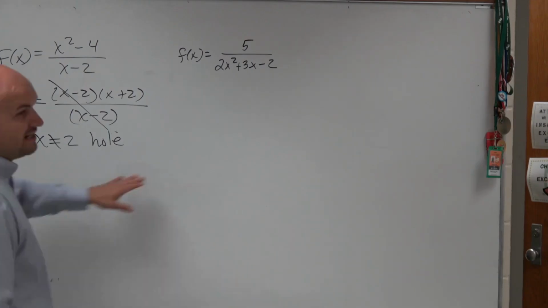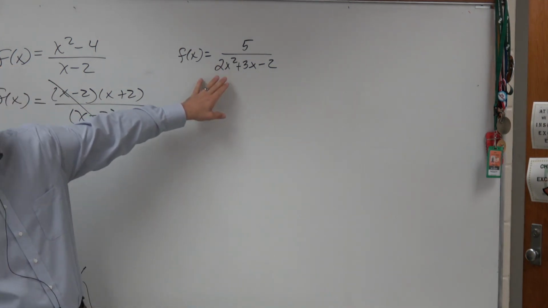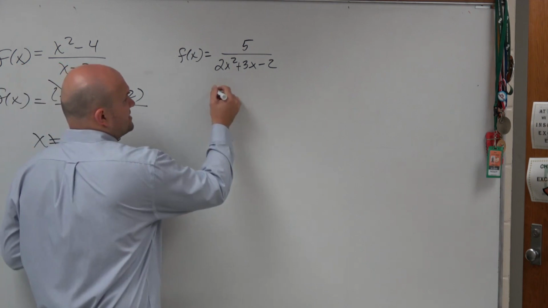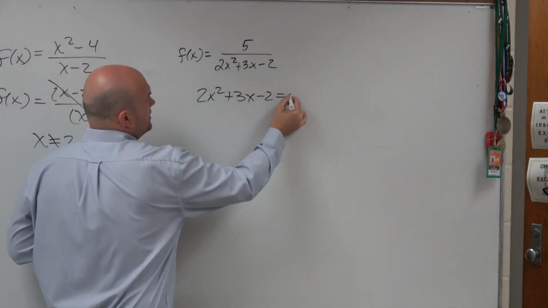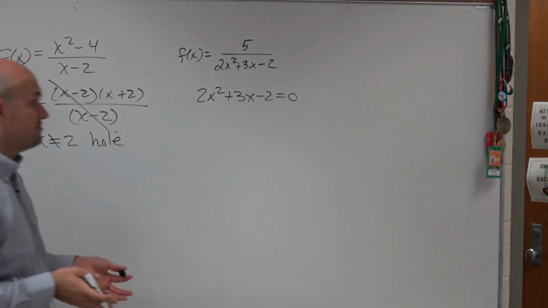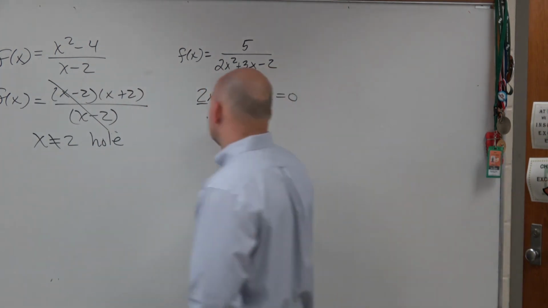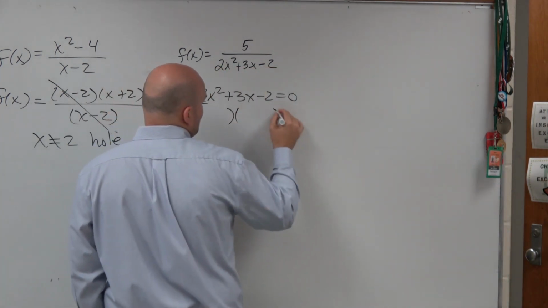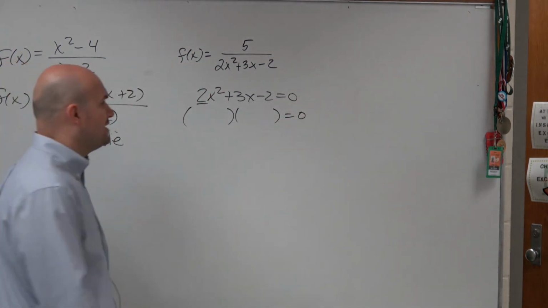First thing we want to do again is, we know that whatever is going to make our denominator equal to 0 is going to be a discontinuity. So we're going to want to basically set our denominator equal to 0 and go ahead and solve. All right. Now again, we're looking at a factoring problem where we notice that a is not equal to 1. However, any trinomial is going to be broken down into two binomials.